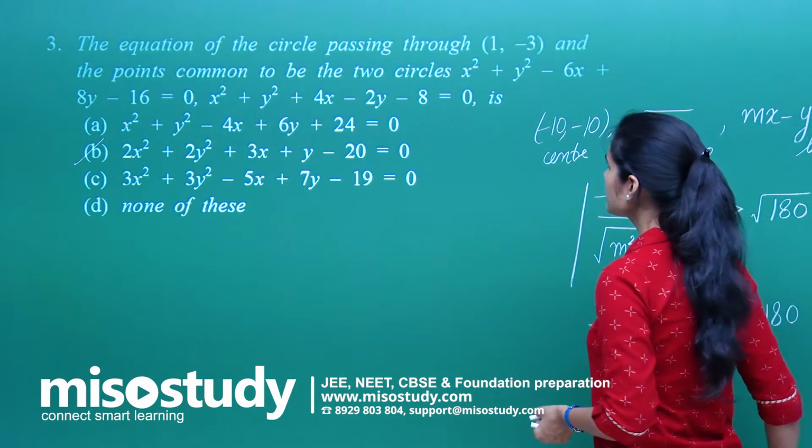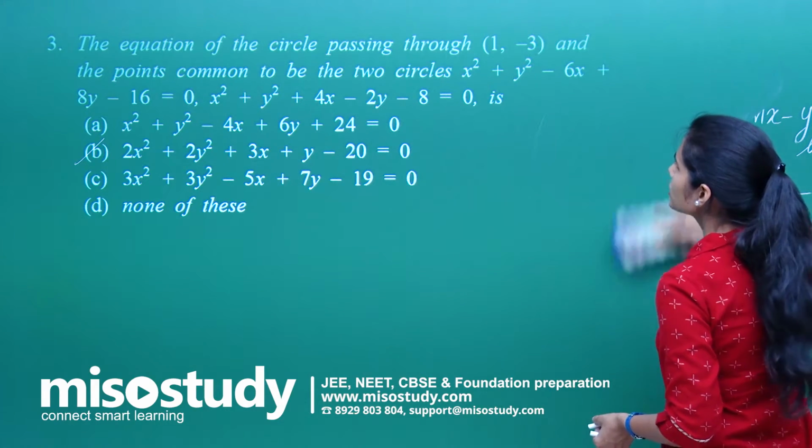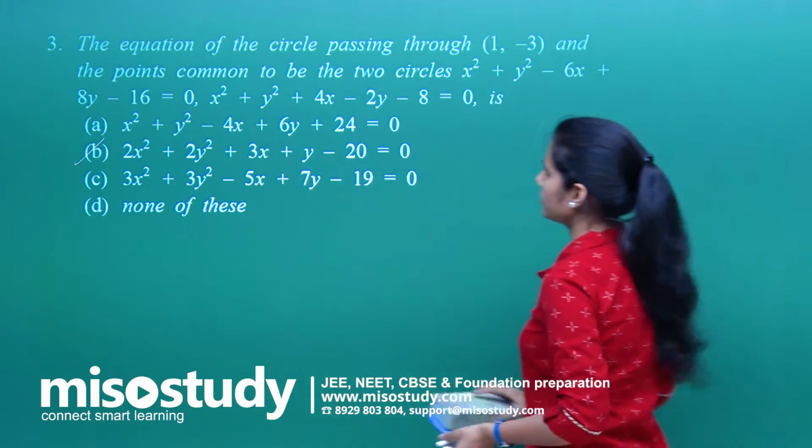Third question says what? It says that the equation of the circle passing through this point and the points common to the two circles, this is what circle?